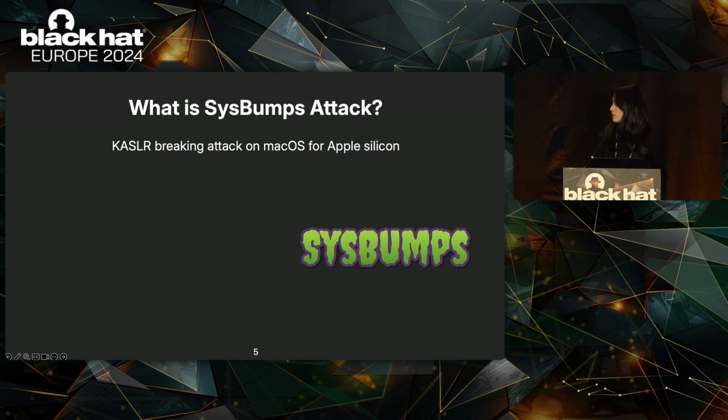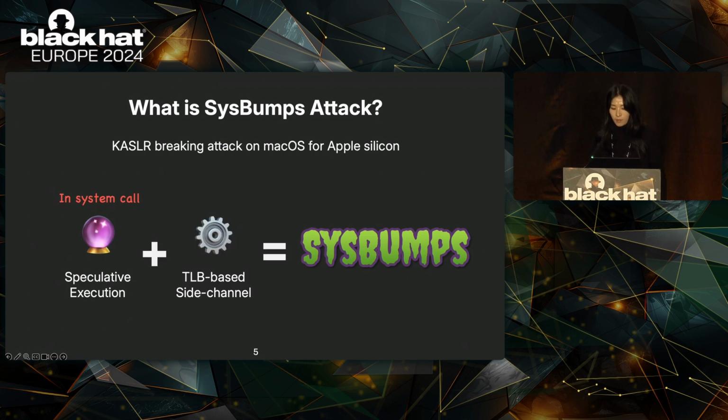To the best of our knowledge, this is the first attack to break KASLR in macOS Apple Silicon. This attack leverages speculative execution within the system call combined with a TLB-based side channel technique. This approach allows us to validate arbitrary kernel addresses in a new way.